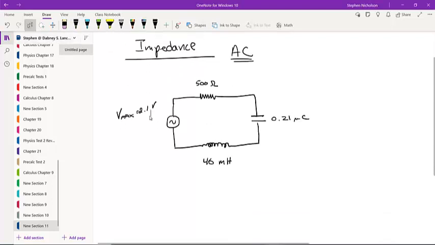So what we want to find out is the maximum current, the RMS voltage, the RMS current, the impedance, and the phase angle, and I think that's it.